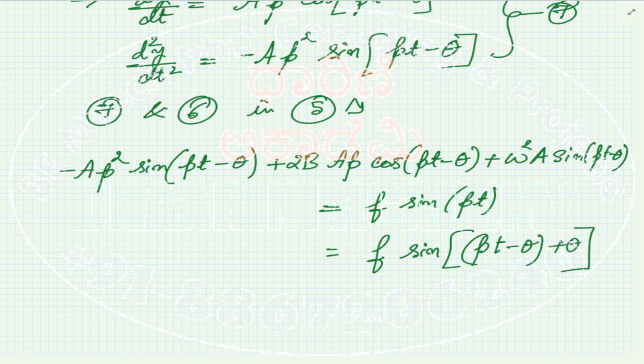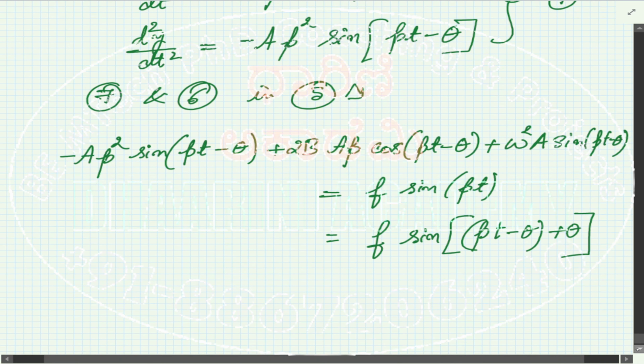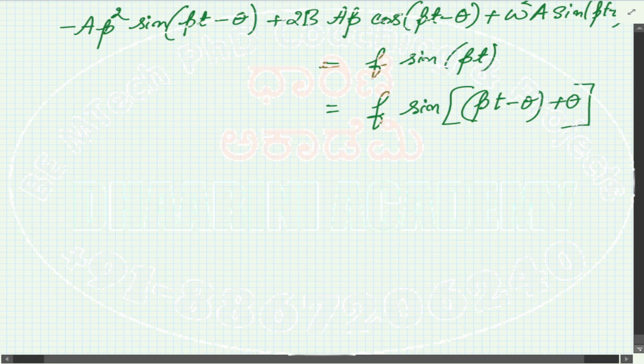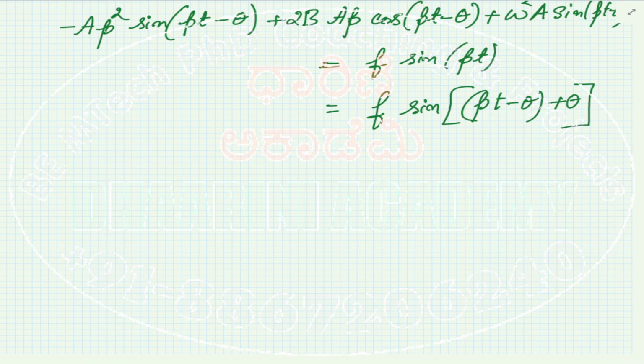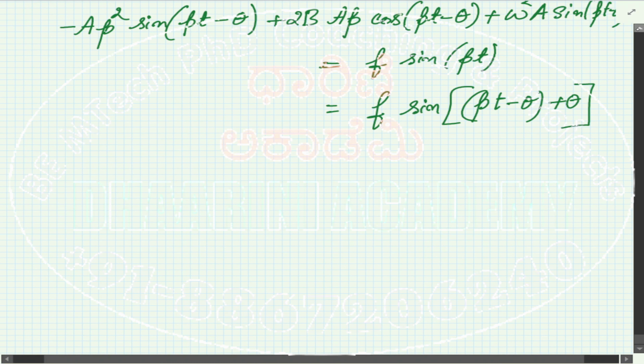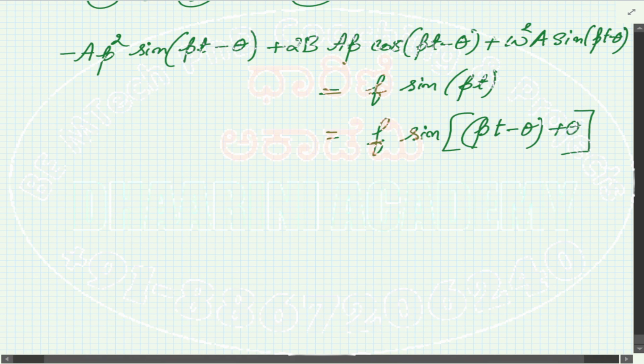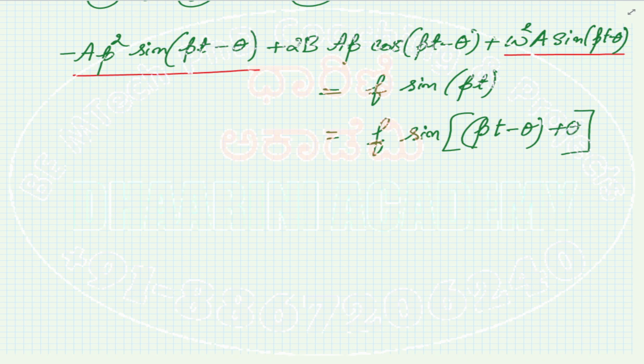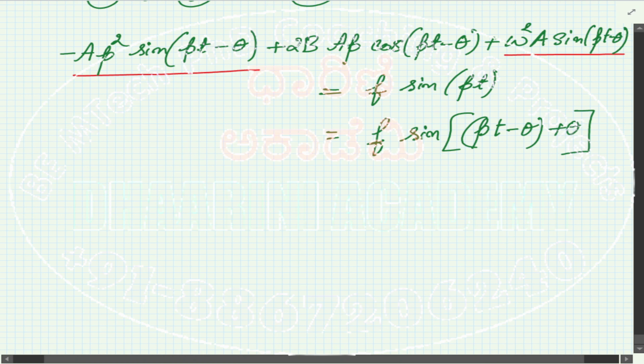All right, now let us try to group the terms on the left hand side. You can see that on the left hand side I have the terms omega square a sine of pt minus theta and minus a p square into this. Let's club them together. When I club, I'm going to get the following term.